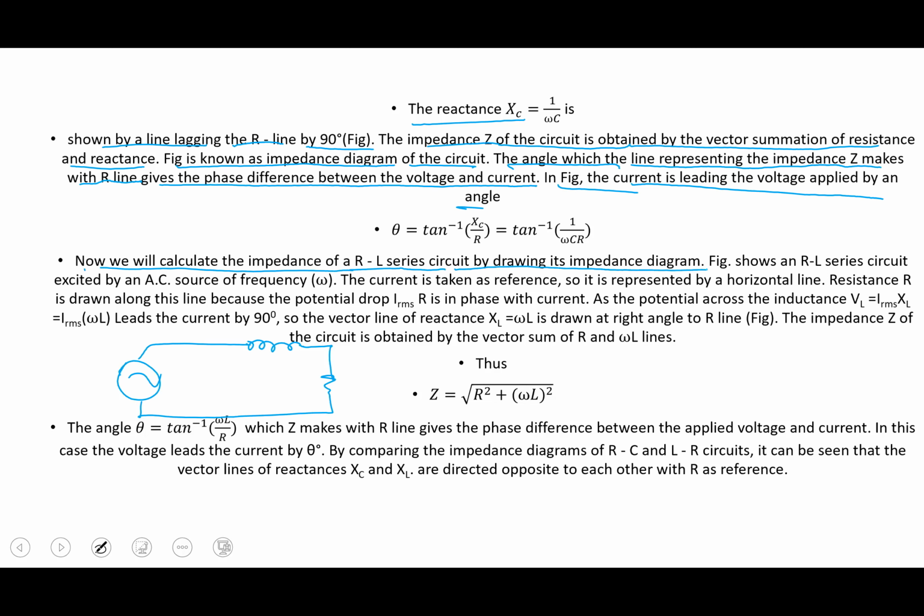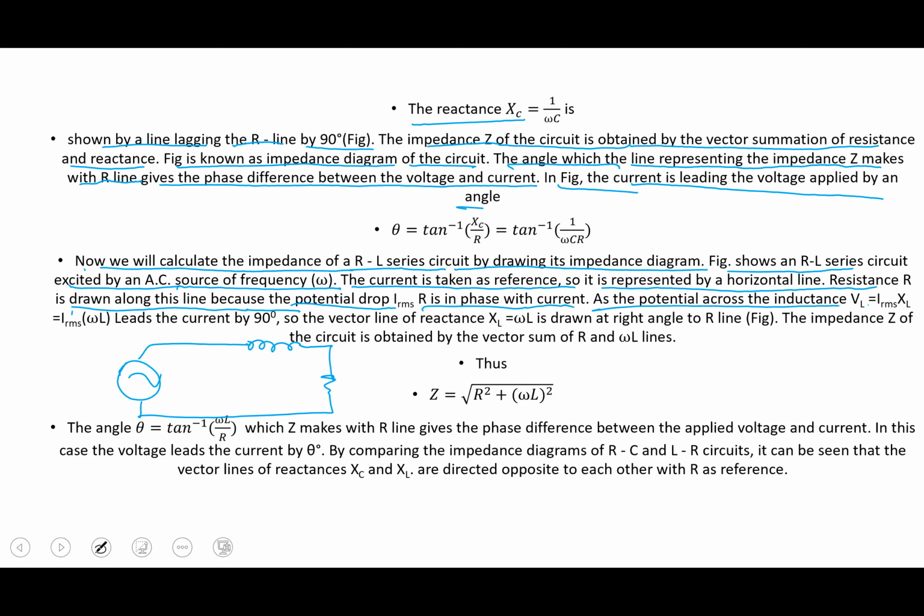The impedance diagram shows the RLC circuit excited by the AC source of frequency omega. The current is taken as reference, so the resistance R is drawn along the horizontal line, because the potential drop IRMS R is in phase with the current.